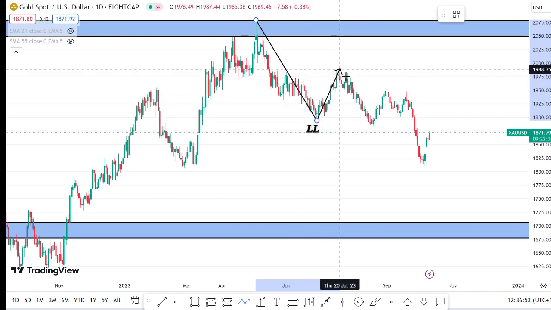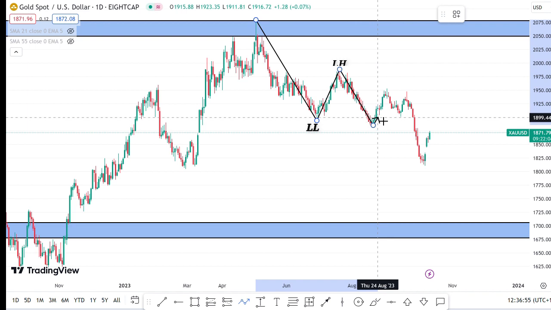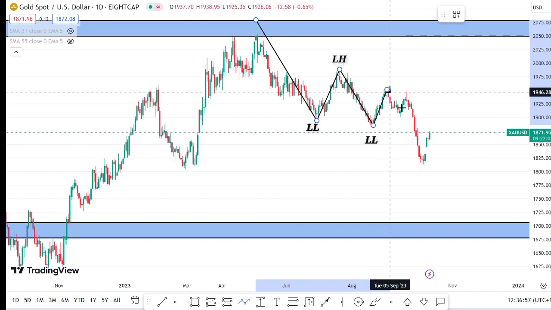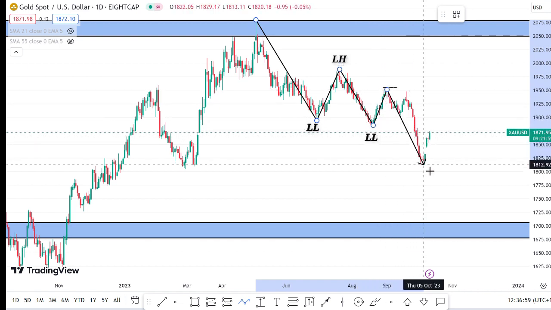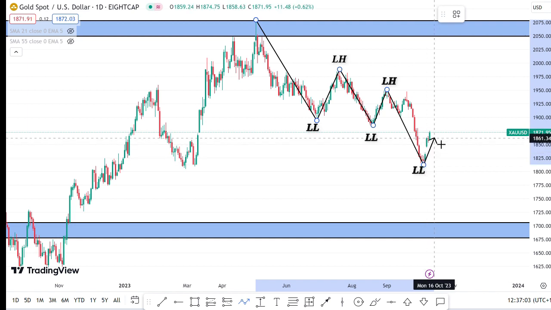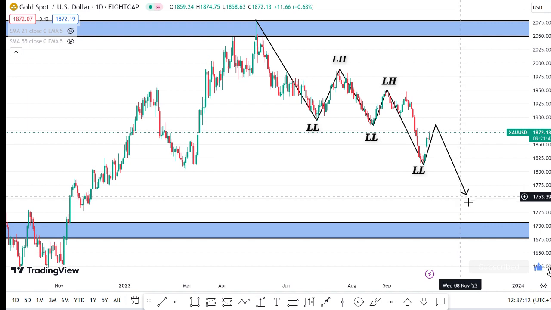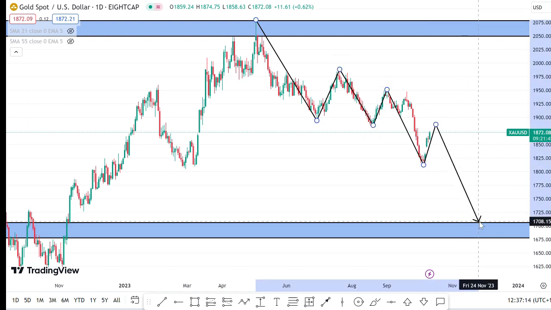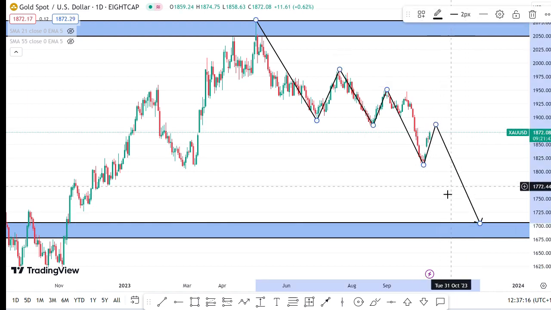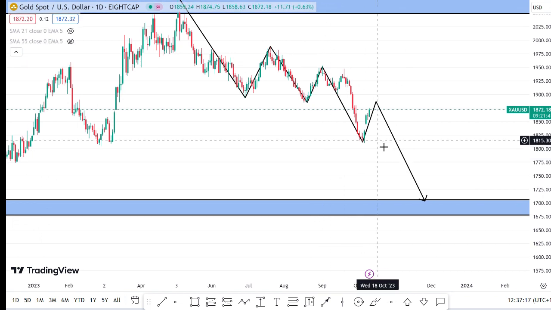As you can see, these are my lower lows and lower highs, and the rules of engagement are you sell at the lower highs and you take your profits at the lower lows. But if you're swinging, you can take it to the next zone. It depends on your strategy, guys, and if you're a day trader, a swing trader, or a scalper. So that's it with the daily time frame.